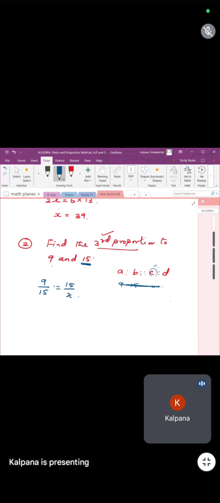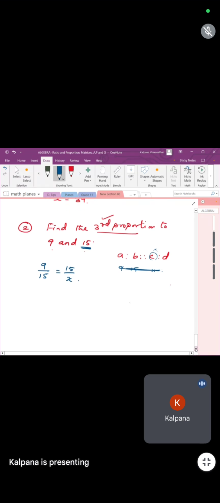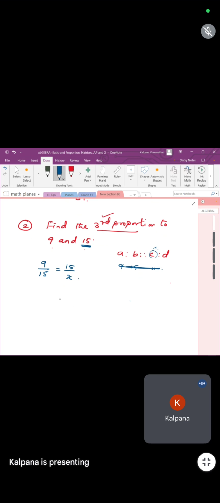When the second proportion is continuous, we generally call the fourth proportion the third proportion. Children, please don't get confused if it comes in a 1 mark or any other question like this. Two numbers are there, find the third proportion: it means your second number is going to be continuous. 9 by 15 equals 15 by x. Just cross multiply and get your answer.